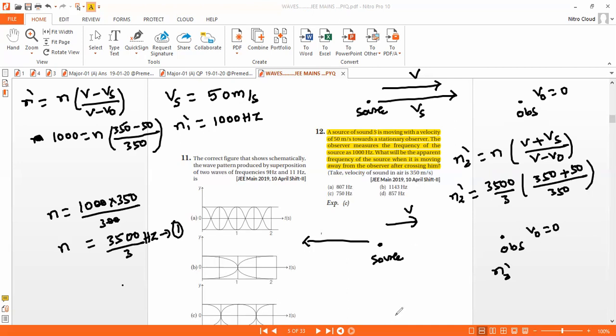Fine. So n2 dash equal to 3500 by 3 multiplied by 400 by 350. That is this one 10 times. That is nothing but 4000 by 3.